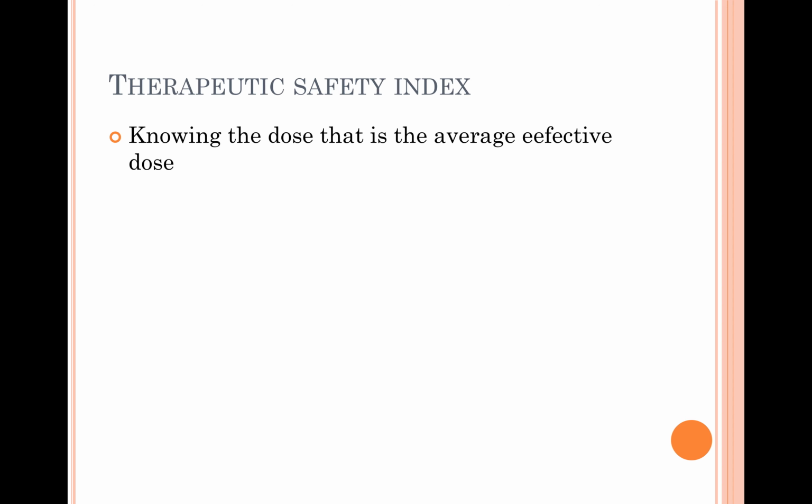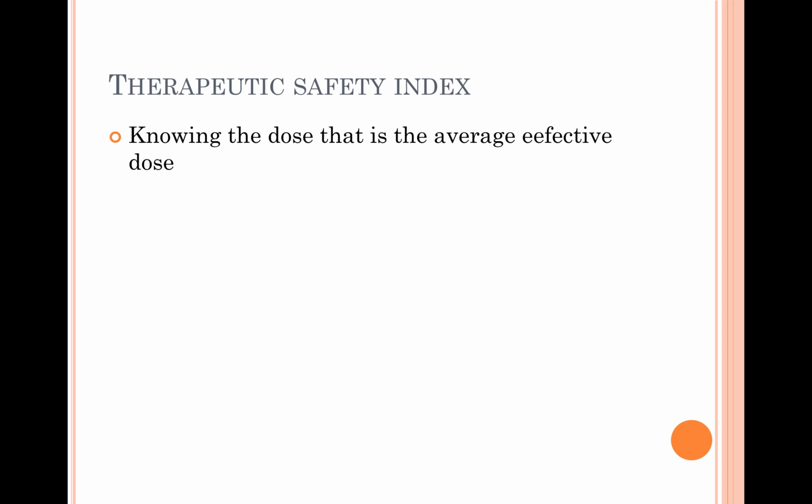A therapeutic safety index that is really large in number, we call that a very wide or broad safety index. A number that is very small is considered to be a very narrow or small therapeutic index. Again, when we meet later in this week, I will do a diagram of this to show you mathematically if you're not following my verbal example.